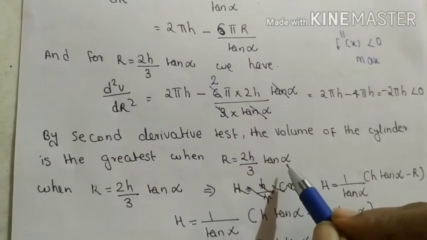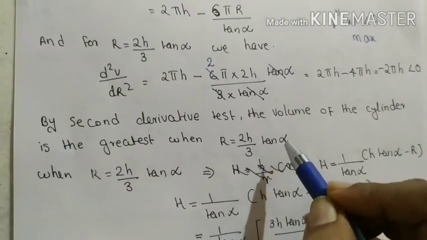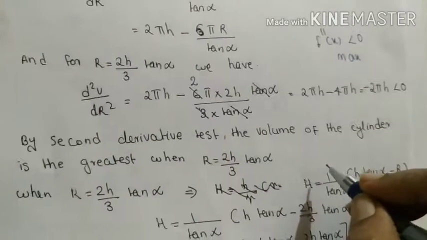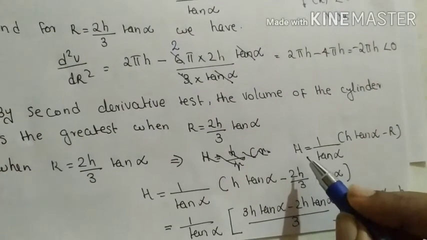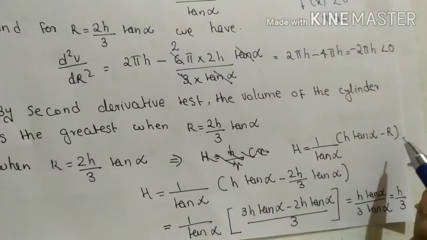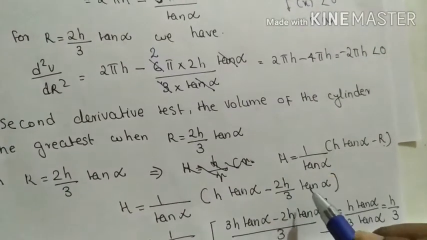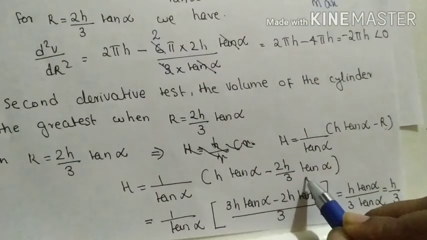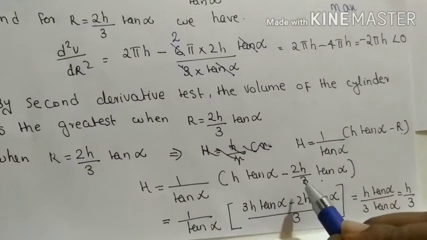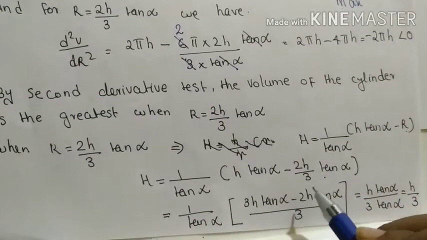r equals 2H by 3 tan alpha. When r equals 2H by 3 tan alpha, we need to find the height of the cylinder, which we had calculated as h equal to 1 by tan alpha into H tan alpha minus r. Replacing r by 2H by 3 tan alpha and cross multiplying, we get 3H tan alpha minus 2H tan alpha, whole divided by 3.